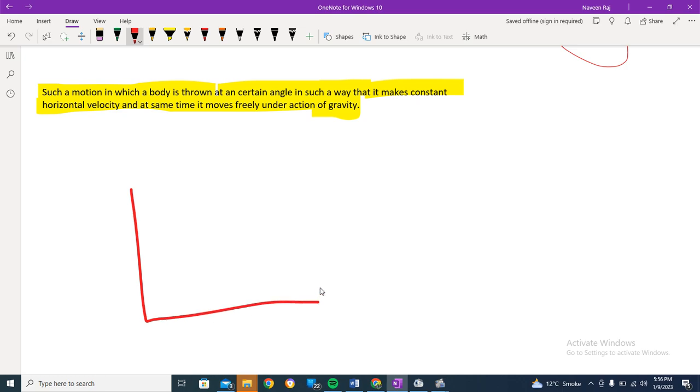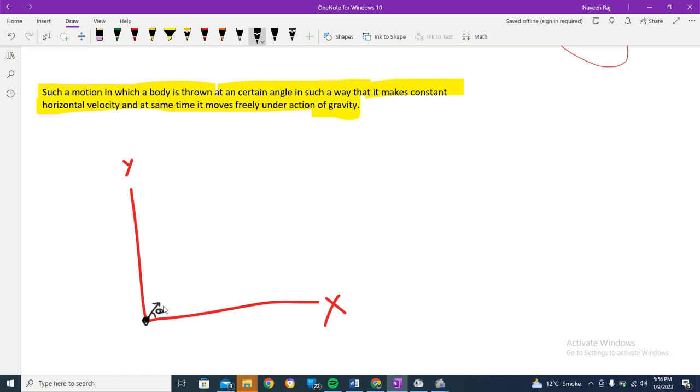Here I have the x-axis, and here I have the y-axis. Suppose this is the initial point, the point on which the projection starts, known as the point of projection. Suppose it is thrown in this direction and makes an angle theta.